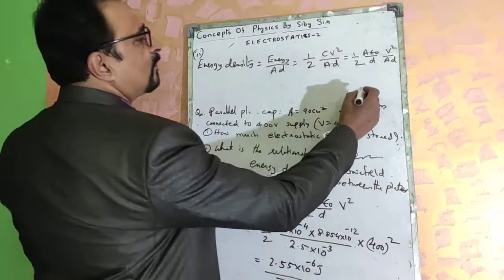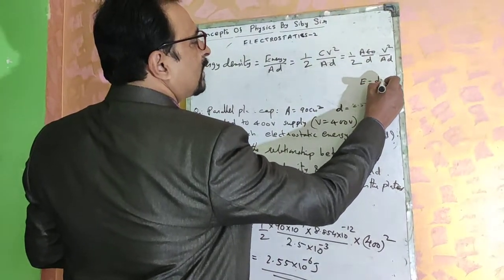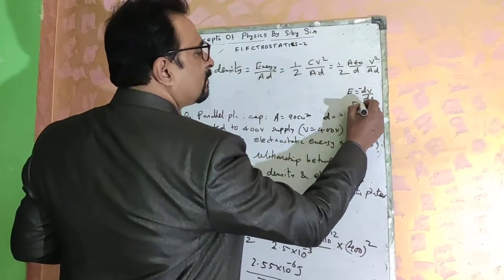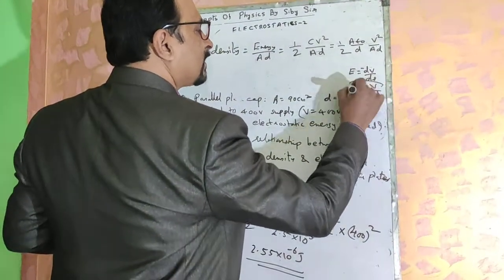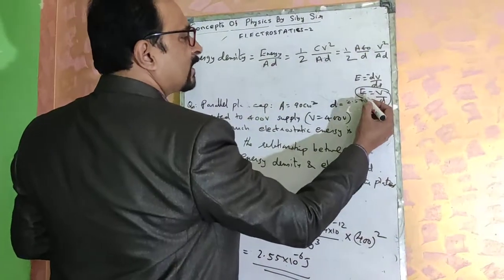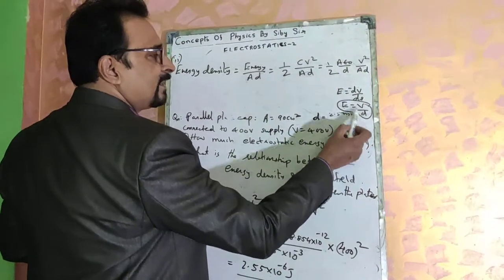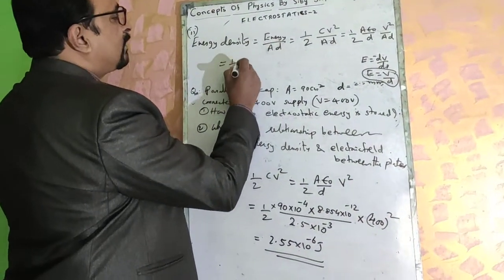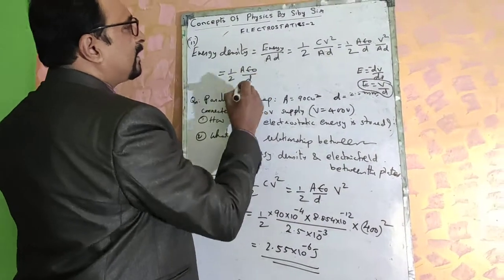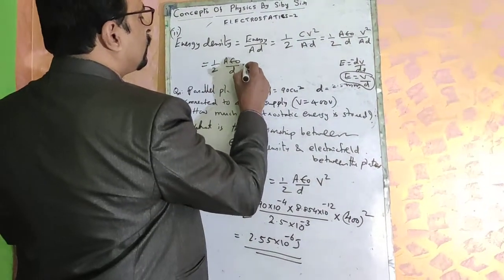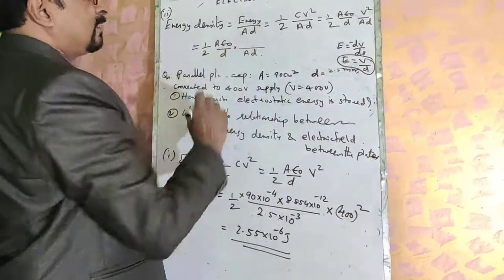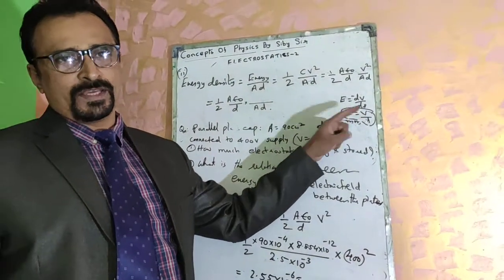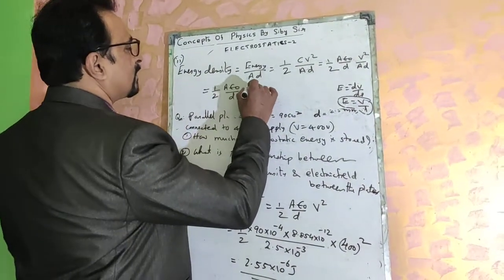You know E is equal to dV by dr, negative, is the actual relation. In the case of capacitor, this will become E is equal to V by D in magnitude. So instead of V square, you can write E square D square. V is equal to ED. So your final answer will be half A epsilon by D into E square D square by AD.